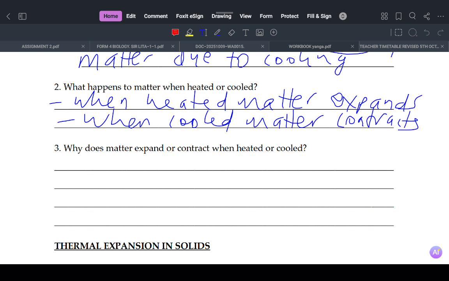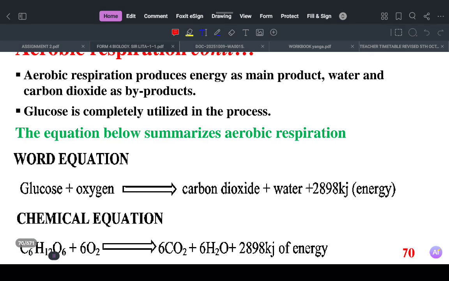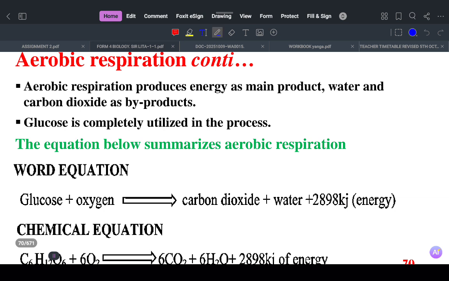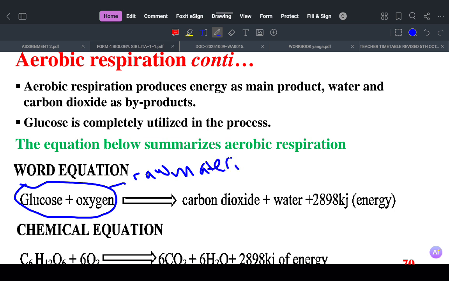It is important for you to note that glucose and oxygen are the raw materials. They're going to ask you to state the raw materials of aerobic respiration. Well, these two are the raw materials.